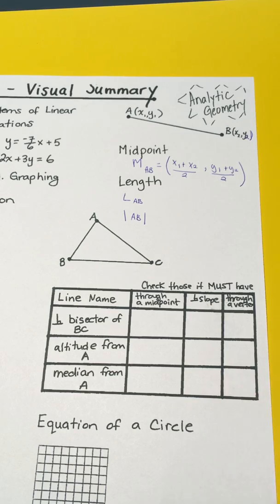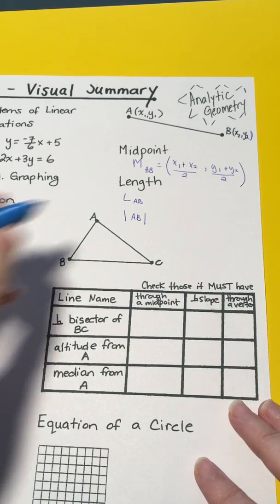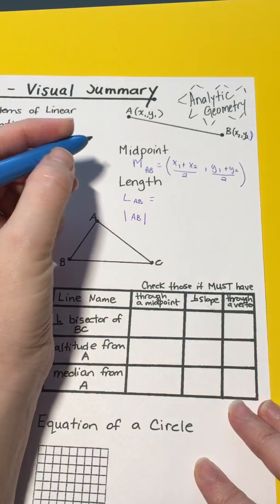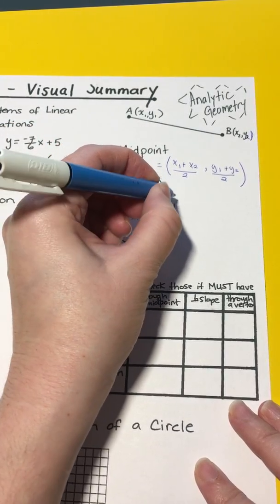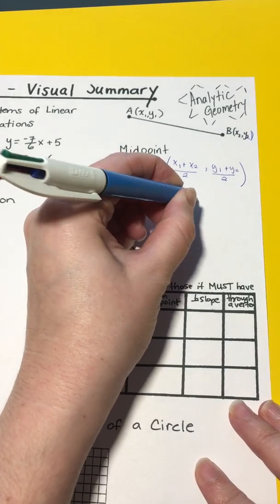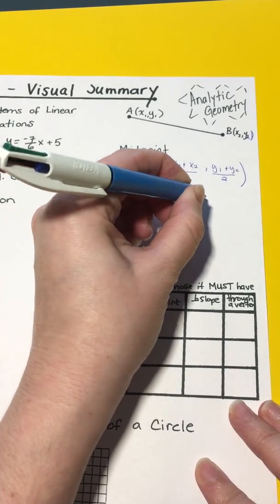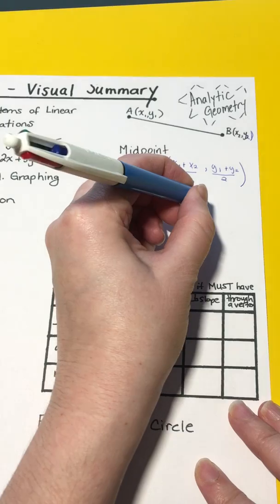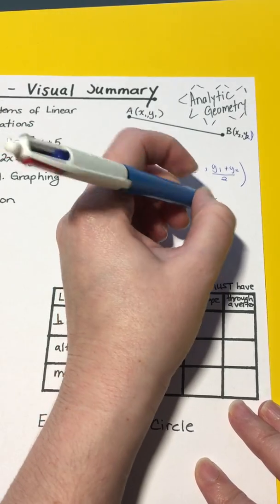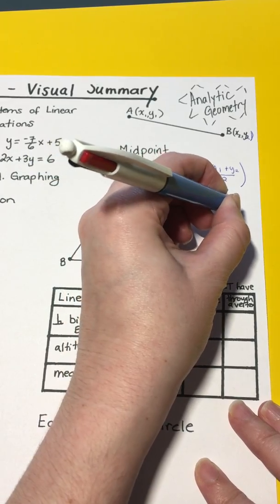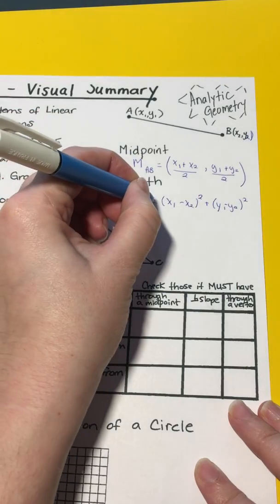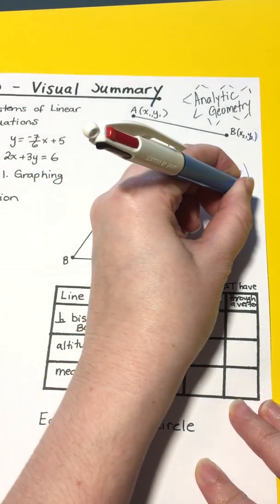So it's basically giving the distance between the two. And you can go x1 minus x2 squared plus y1 minus y2 squared, and you're going to square root that whole thing.